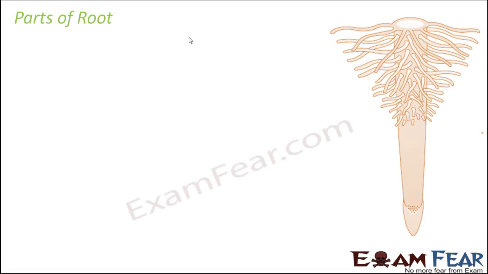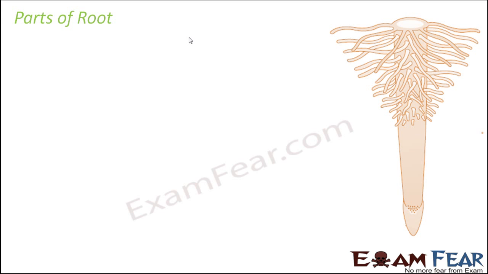Let us now talk about the different parts of a root. When we closely examine a root, we see that there are different portions into which a root can be divided. Here in this picture, you can have a close look at how a root looks when you observe it very closely.